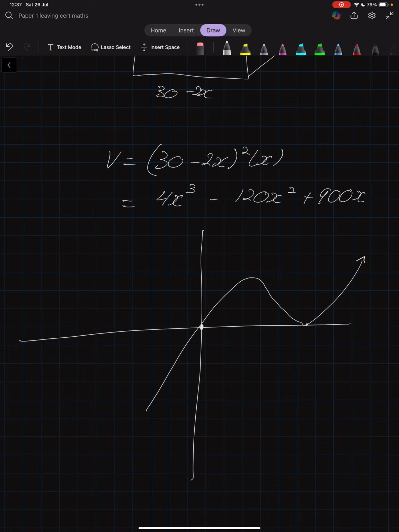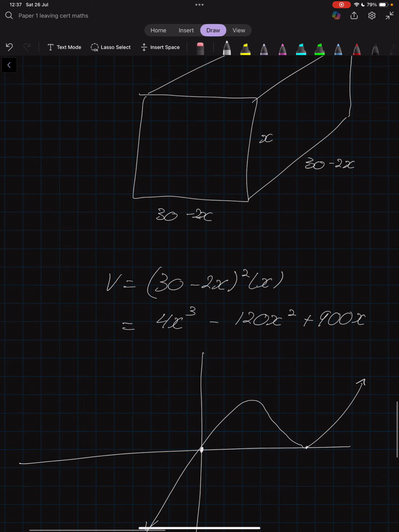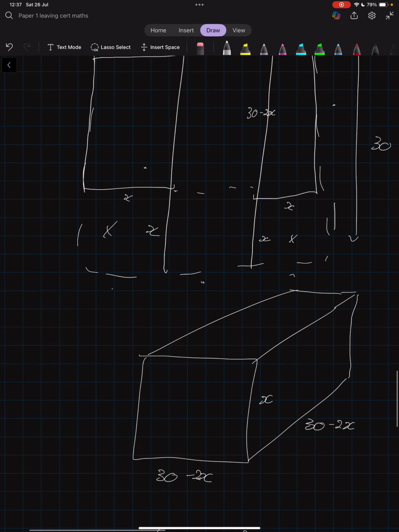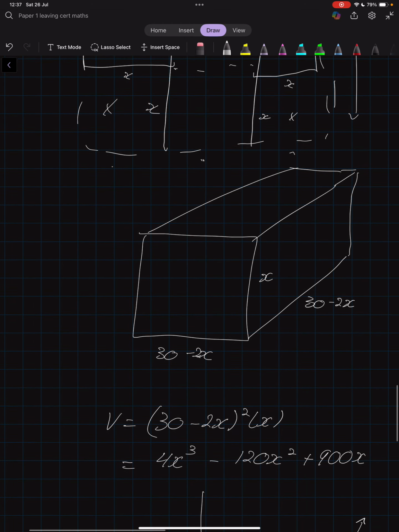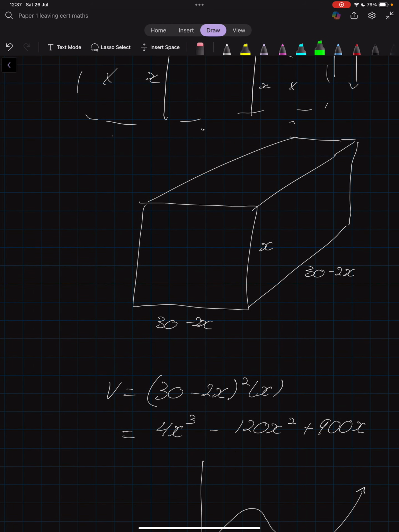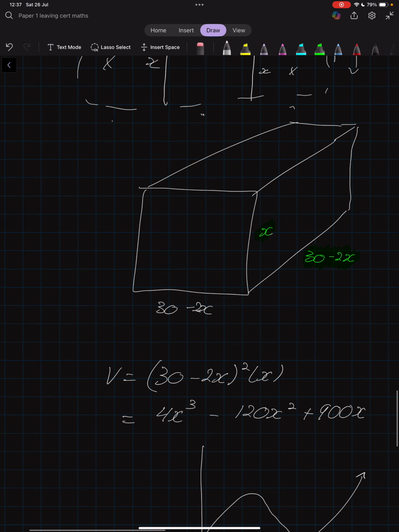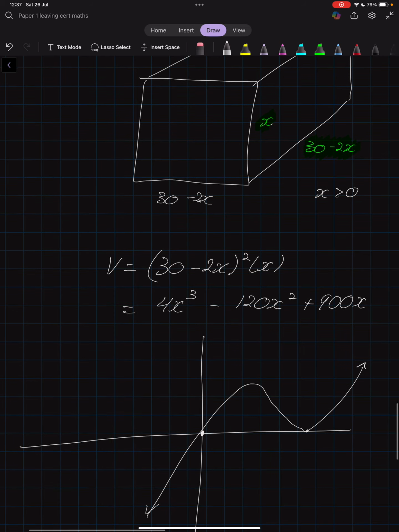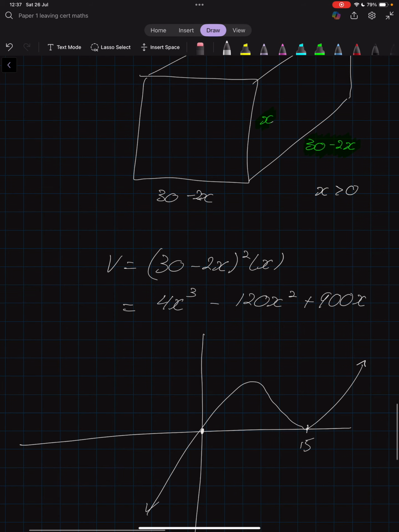Now, if I asked you, what's the smallest value that x can be and what's the biggest value? Whenever you do these questions, you always have to look at the dimensions. What can lengths not be? They cannot be negative. So first of all, I have that x has to be greater than 0. Sorry, I should have said this is 15, by the way, and that's 0.